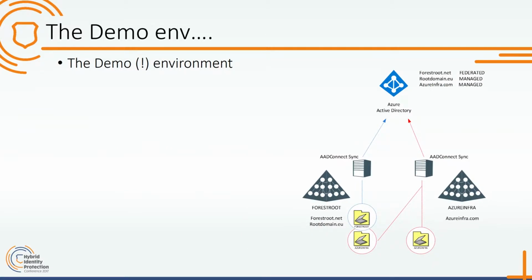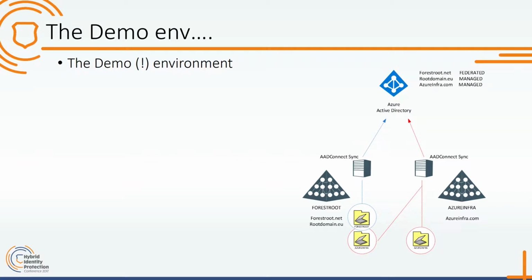Demo. A little bit about the demo environment itself, because I usually get puzzled when people do demos and I don't know how it works. So I have a single Azure Active Directory tenant. It has 3 domains in there, or 3 UPNs. I have 2 Active Directory domains. You already saw this one, the forest root, replicating the forest root OU.